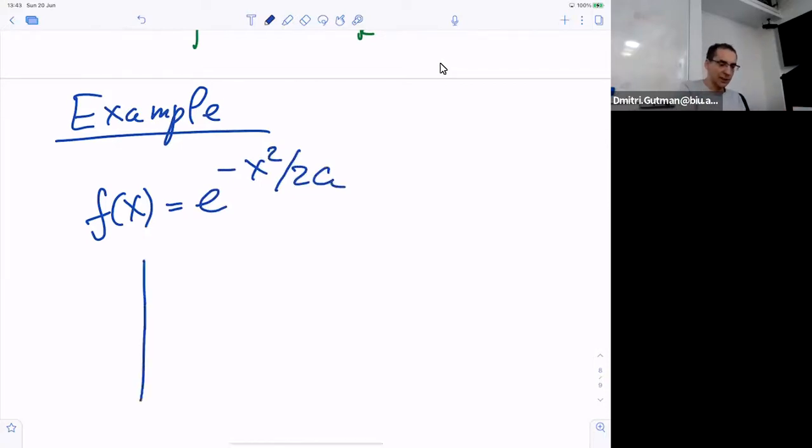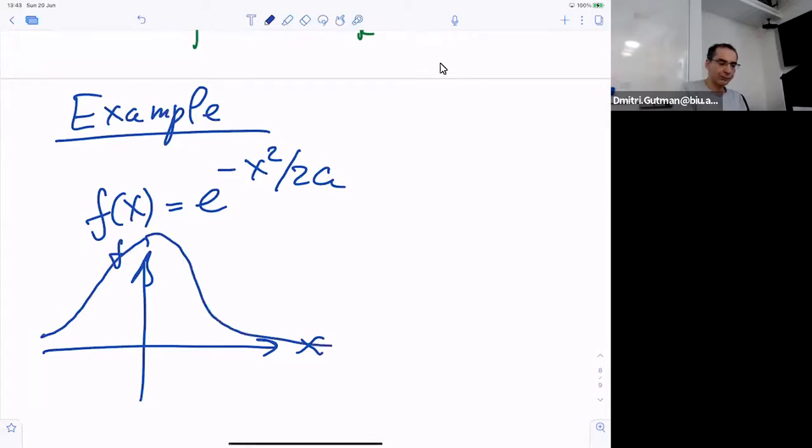So in x space, this function looks like this, and it has a width, and its width is square root of a. So it's also exponentially localized. It's a Gaussian, and the width of this Gaussian is a.